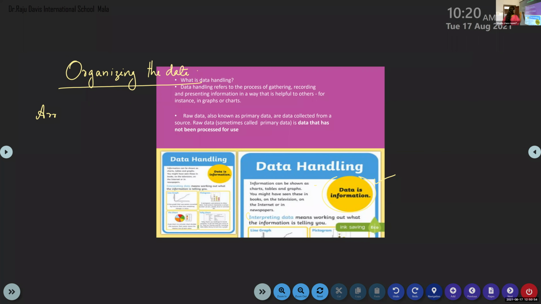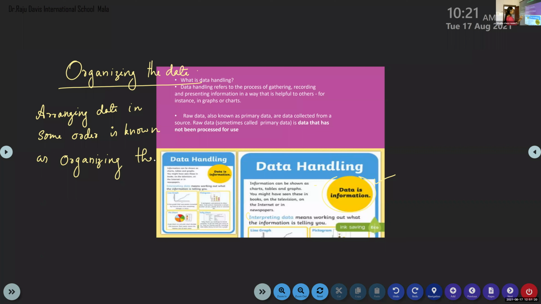Arranging data in some order is known as organizing the data.